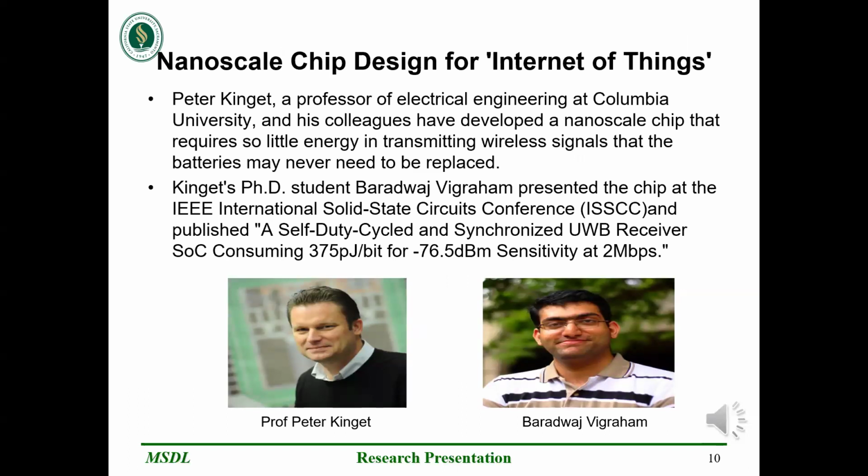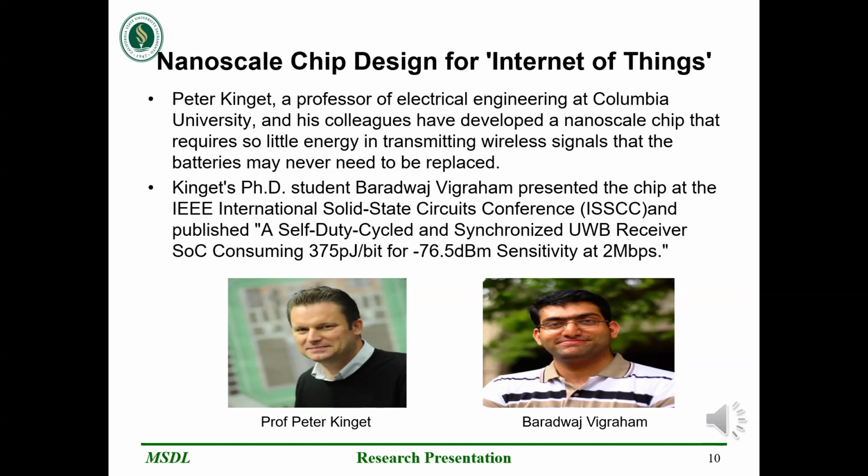Nanoscale chip design for Internet of Things. Peter Kinget, a professor of electrical engineering at Columbia University, and his colleagues have developed a nanoscale chip that requires so little energy in transmitting wireless signals that the batteries may never need to be replaced.